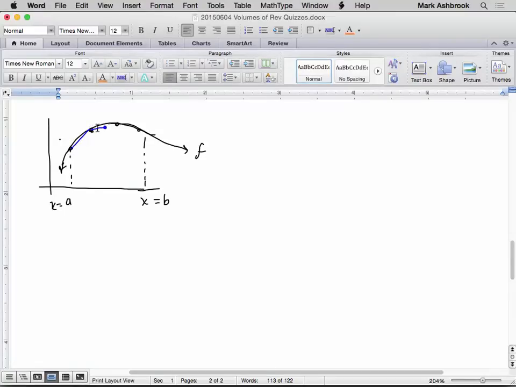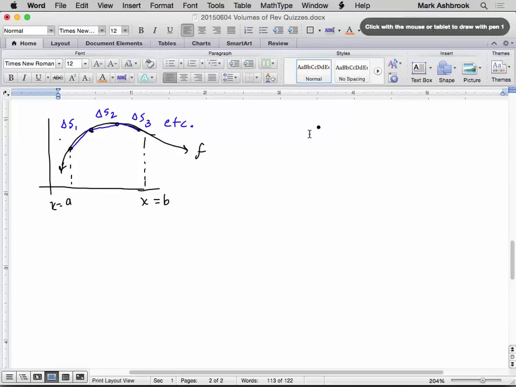Segment 1, segment 2, segment 3, etc. We'll call each one of those S for segments: delta S1, delta S2, delta S3, etc. There could be a lot more than just 3 of them between a and b, but in order for you to see it, I can only fit 3 in there.